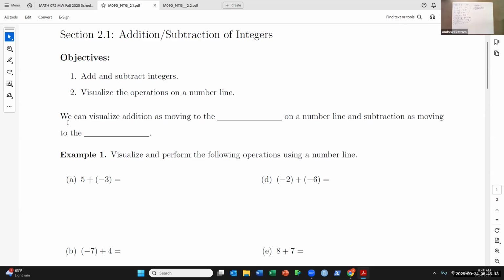And if you look at what it says up here, we can visualize addition as moving to the blank on the number line. So we're talking about addition. So if we're adding things, we're adding to the right side. And if we're subtracting, we're going to the left.